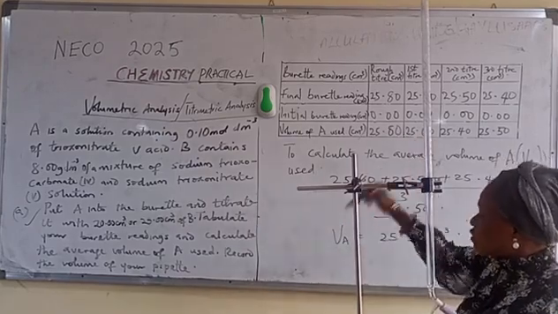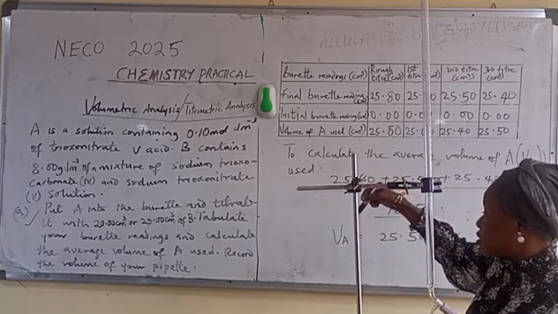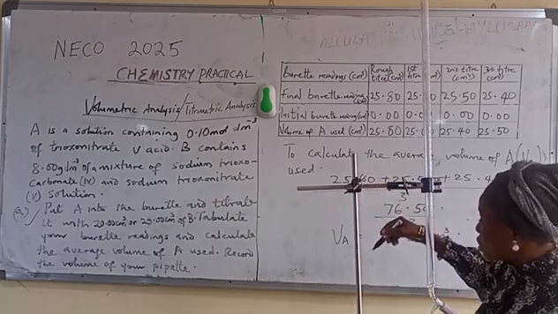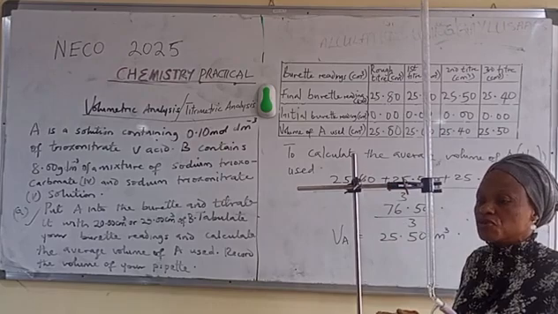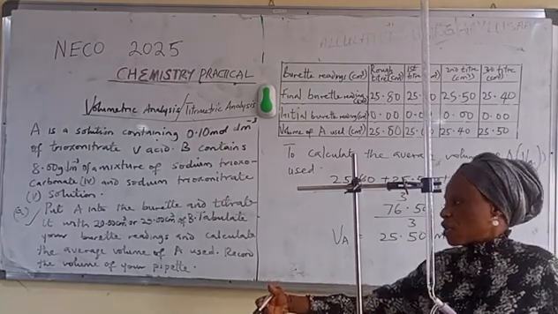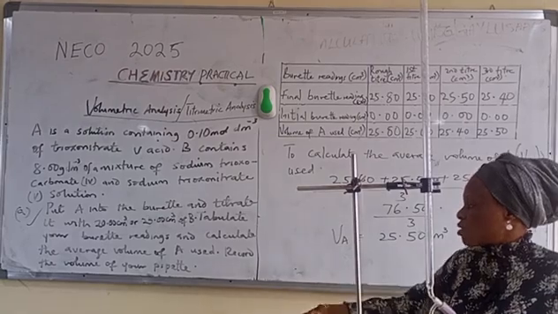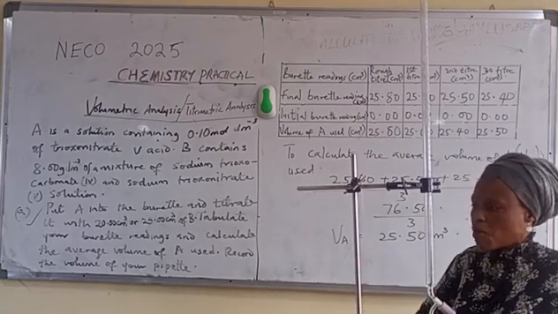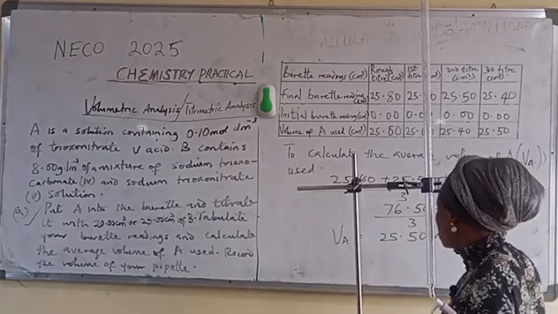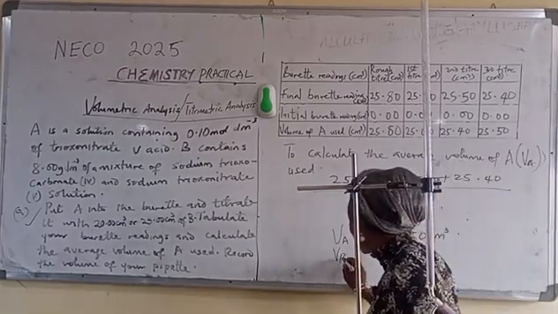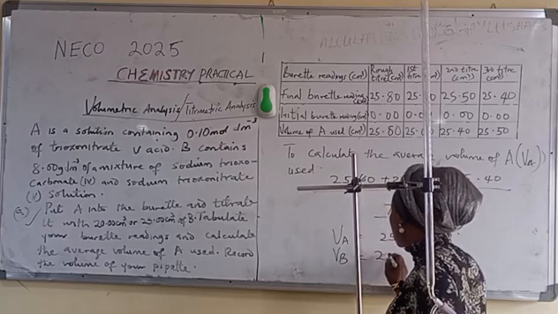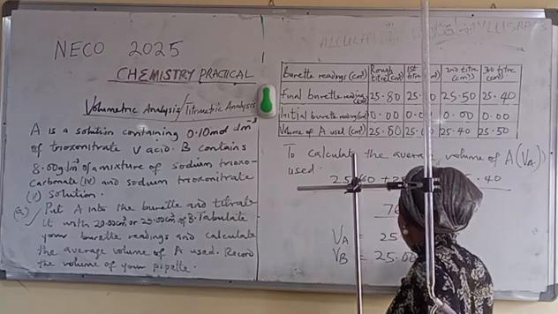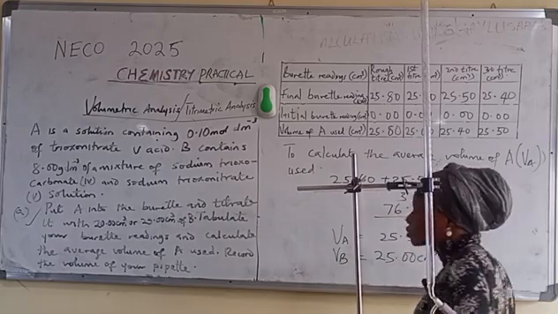Now you need to record the volume of your pipette. Even if the question did not ask you to record it, you need to do that so that it's very easy for you to use it when you are doing your calculation. And the examiner will award a mark too. I think it's even a whole 1 mark. You can't afford to miss that. So you put your VB equals 25.00 cm³.